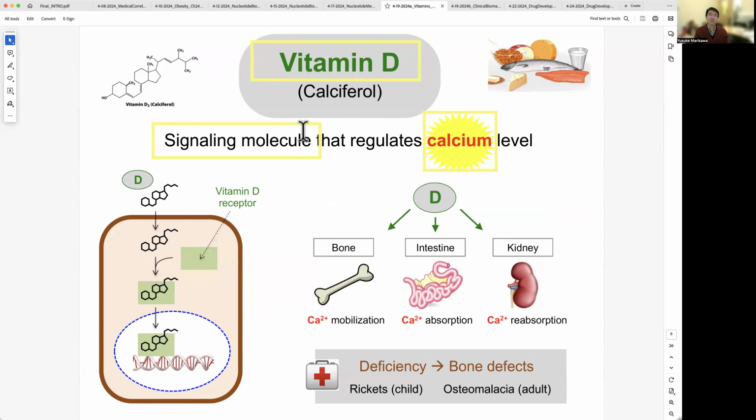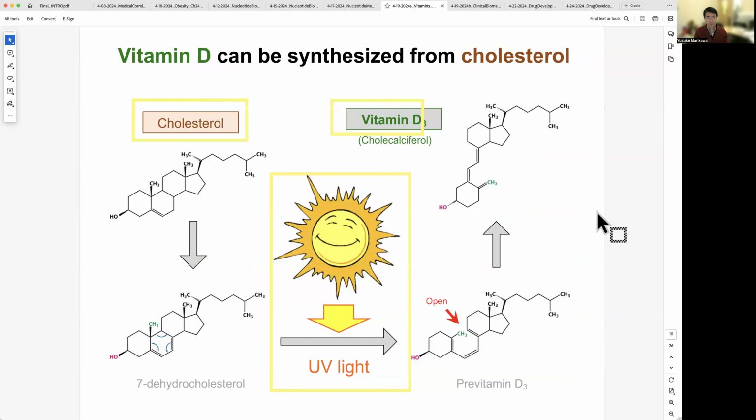Vitamin D also acts as a signaling molecule, signaling to control gene expression involving calcium metabolism. So vitamin D is a signaling molecule regulating calcium level. And also this is a vitamin that we can make from scratch, like cholesterol.